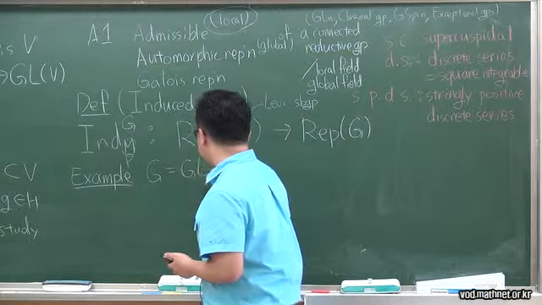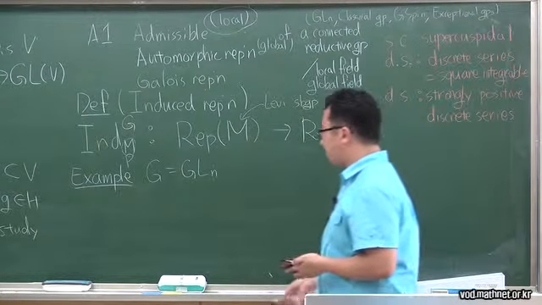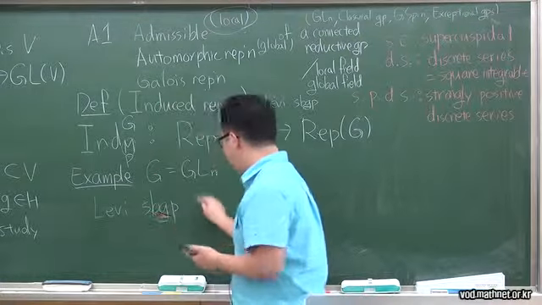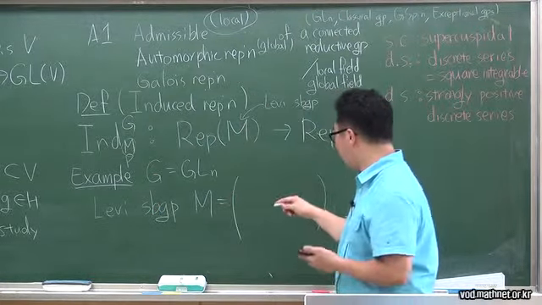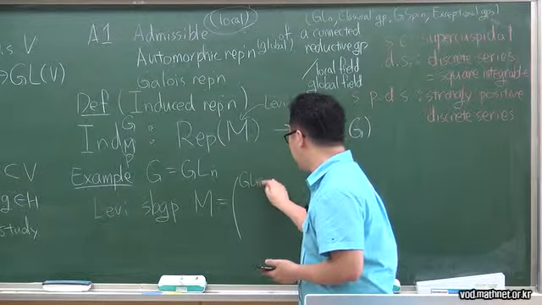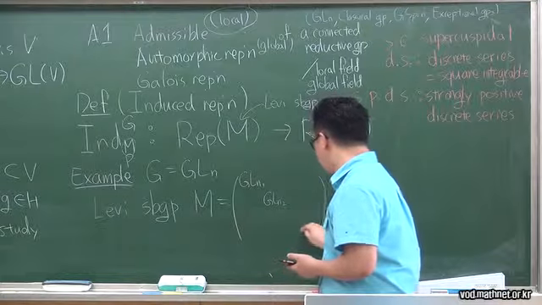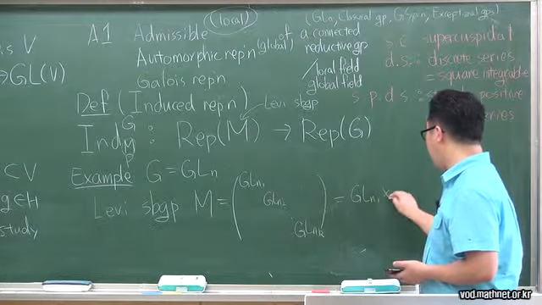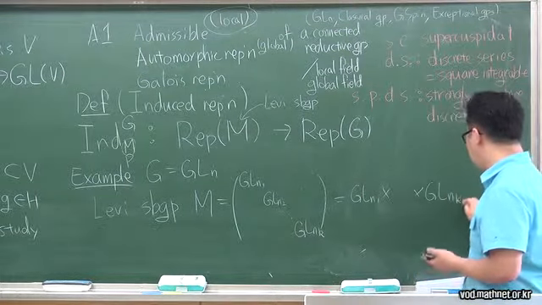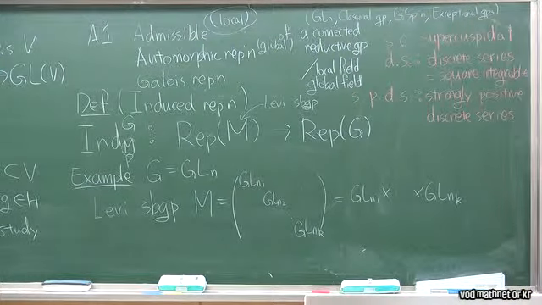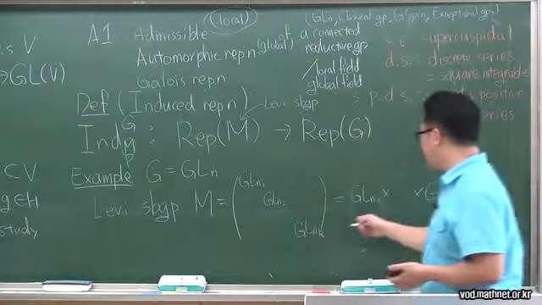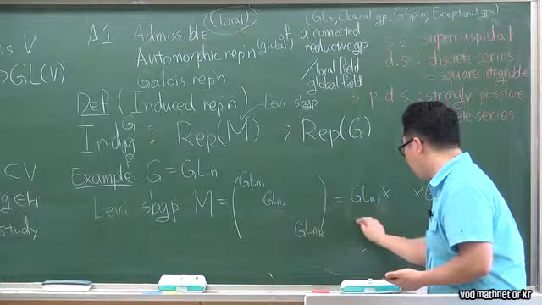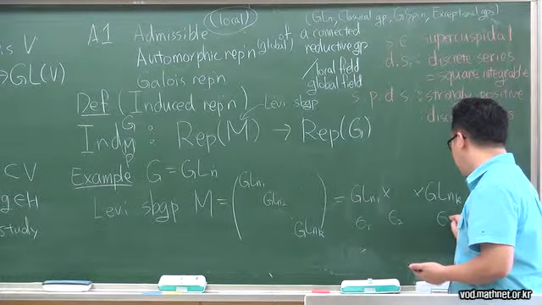So G is GLN, N by N matrices. The Levi subgroup is of the form of a certain subgroup of GLN, with a bunch of blocks GLN1, GLN2, up to GLNK. We usually use the notation GLN1 times up to GLNK. So representations of M are a bunch of representations sigma 1, sigma 2, up to sigma k.